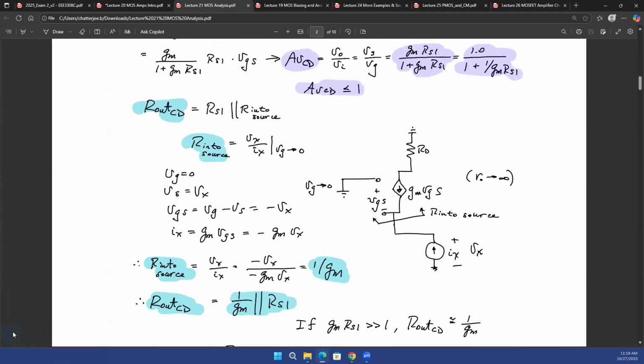Basically, what you can write down is your gm is equal to gm divided by 1 plus gm RS, and your Rout is almost equal to 1 over gm.